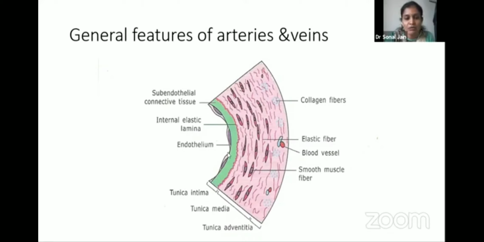It is made up of the endothelium, a simple squamous epithelium. This is the subendothelial connective tissue. Sub means below. This is the internal elastic lamina, which separates the intima from the media. The media contains smooth muscles and elastic fibers. And there is the external elastic lamina, which separates the media from the adventitia, the fibroelastic connective tissue.